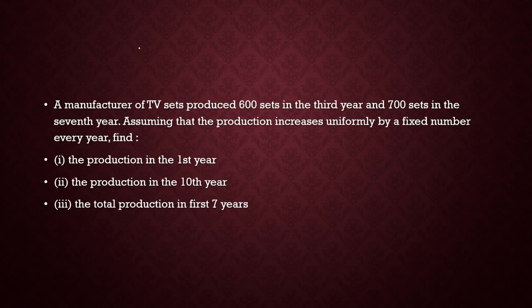A manufacturer of TV sets produced 600 sets in the third year, 700 sets in the seventh year. So A3 is given to us as 600. A7 is given to us as 700. Assuming that the production is increasing uniformly by a fixed number every year.